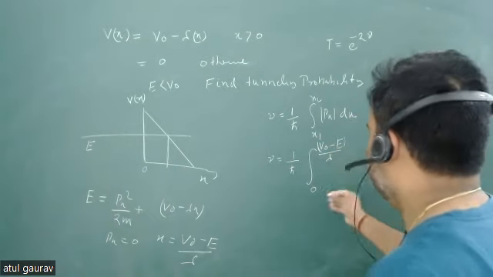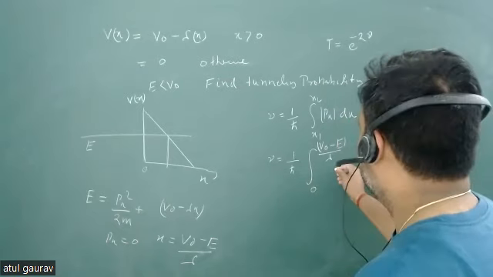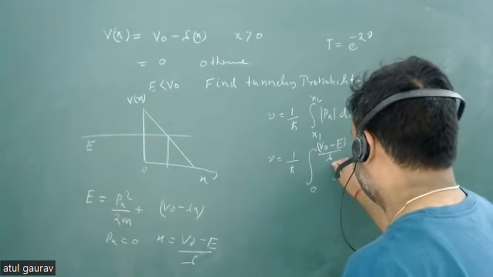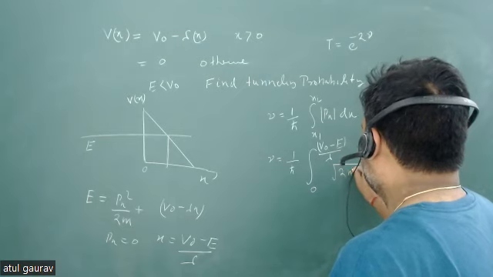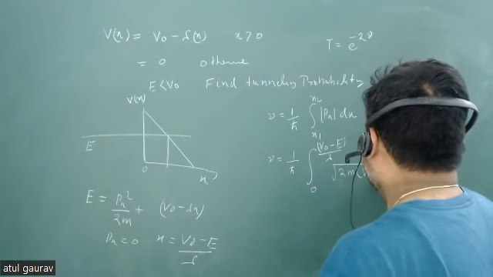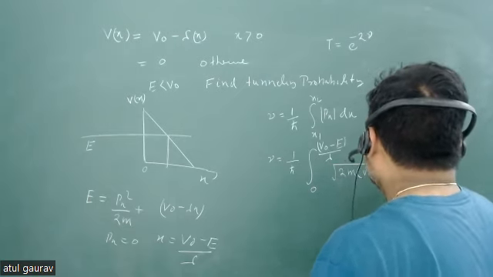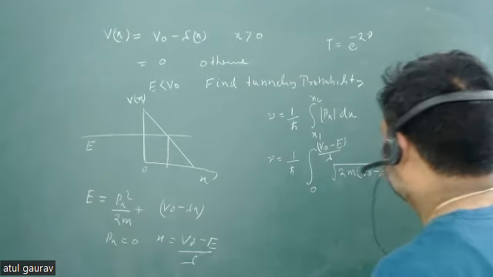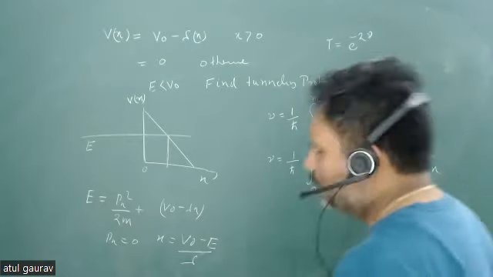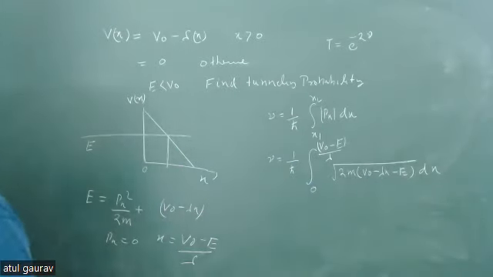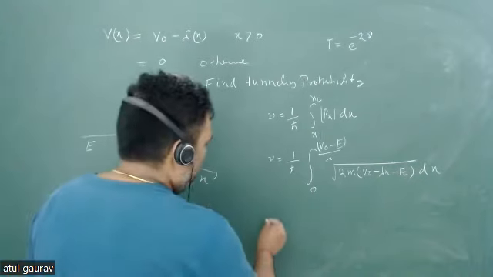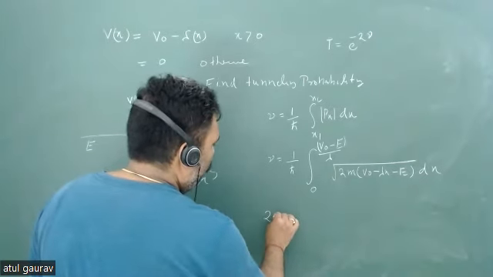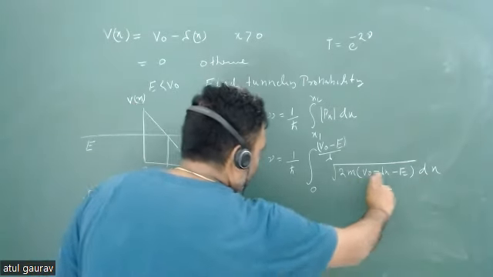And what is your Px dx? So you have your Px, and that is mod value. So you have 2m V naught minus lambda x minus E dx. है ना? So we have to do this integration. Clear है ये? So when we will do this integration, I can put 2m, hence it is all are linear.